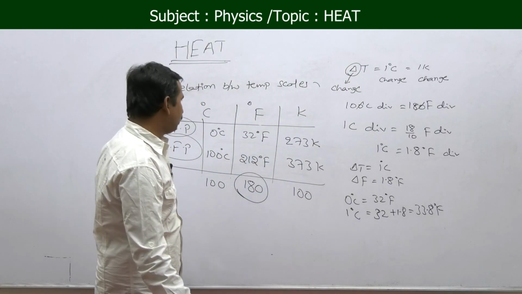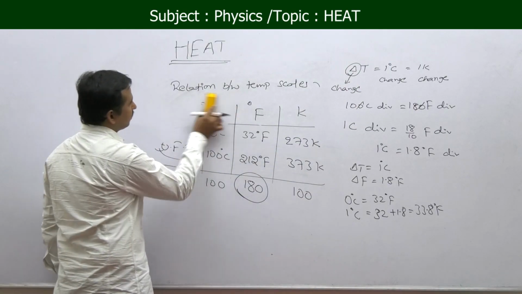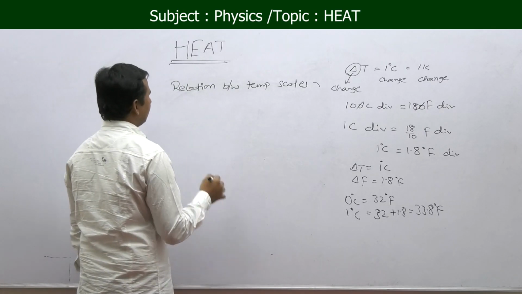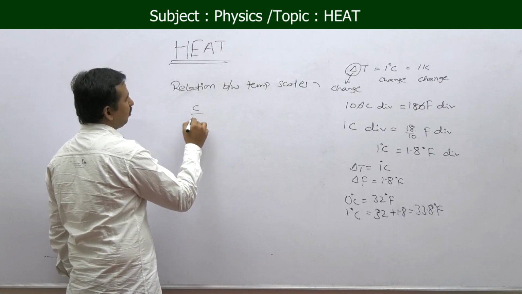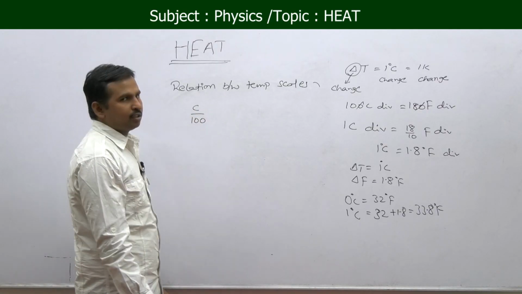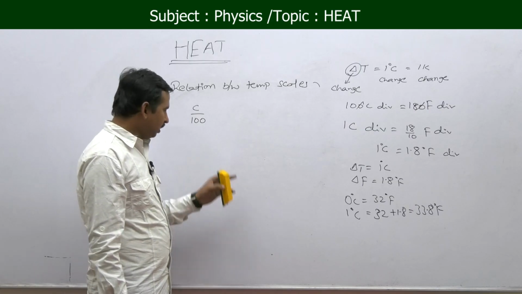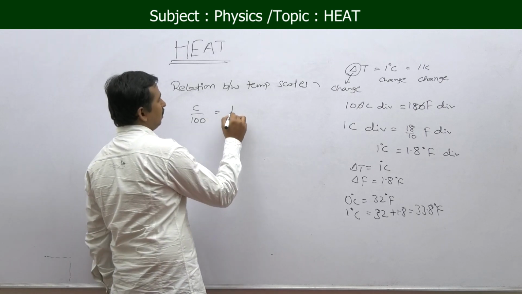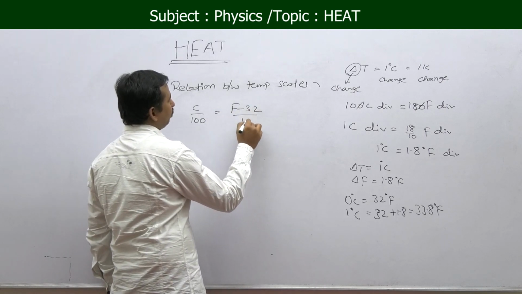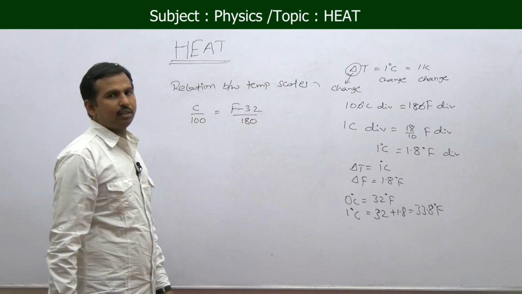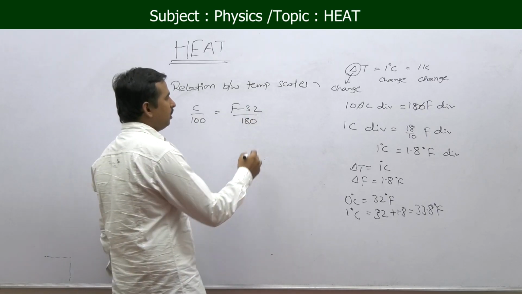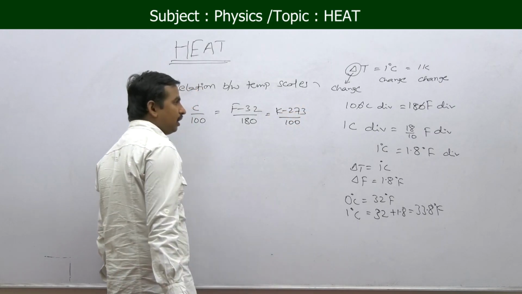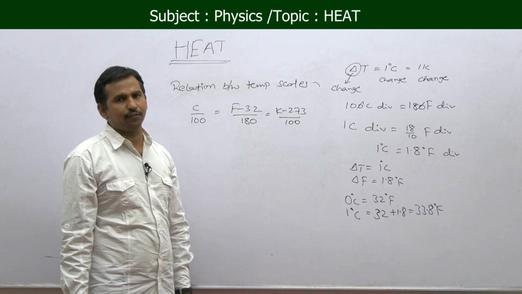Now, for temperature readings, we have the relation C by 100, where C is the Celsius scale reading and 100 is the number of divisions, is equal to F minus 32 by 180, where 180 is the number of divisions for the Fahrenheit scale, is equal to K minus 273 by 100, again where 100 is the number of divisions for the Kelvin scale.